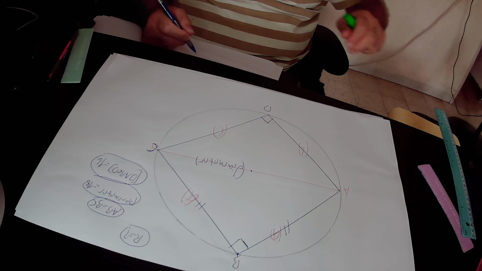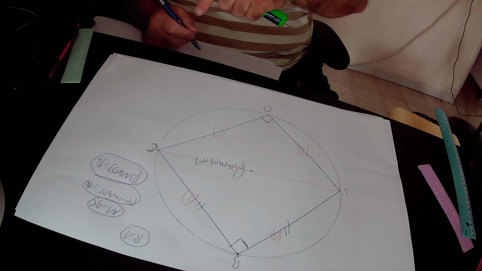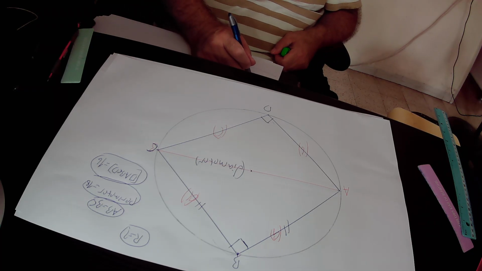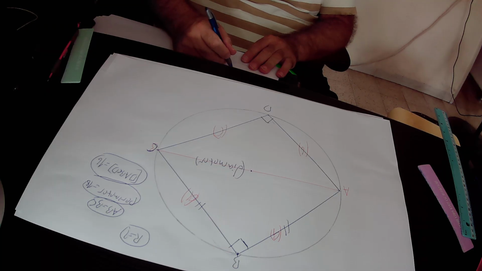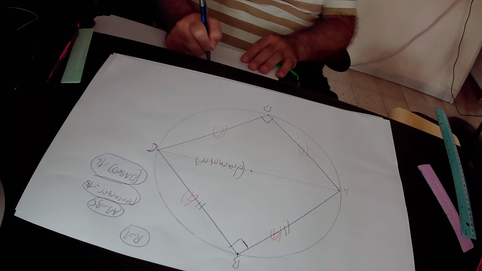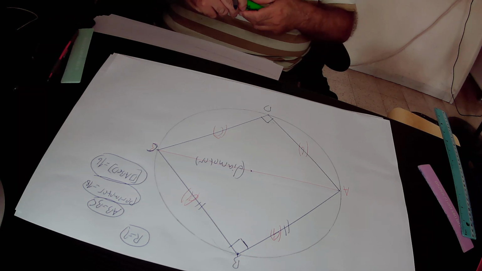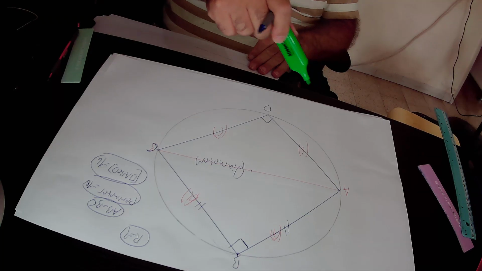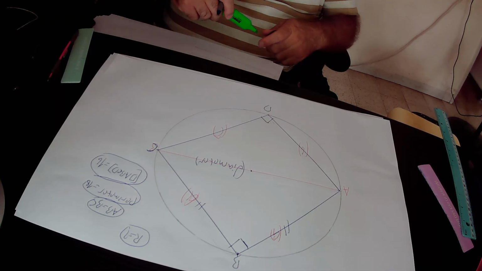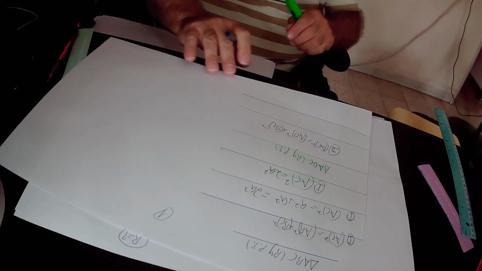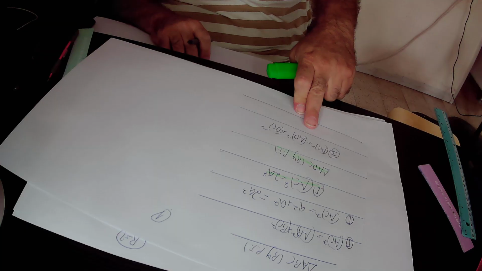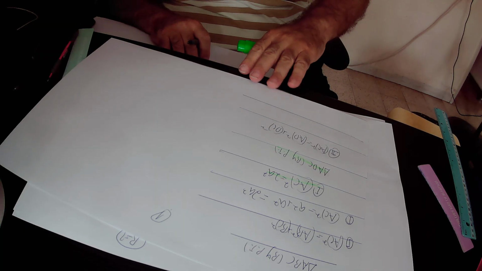According to the Pythagoras theorem, in the right triangle ADC, AC squared, that is the square of the hypotenuse, equals AD squared plus DC squared.